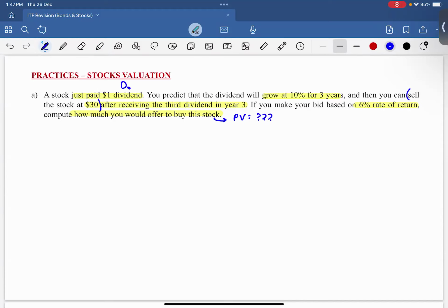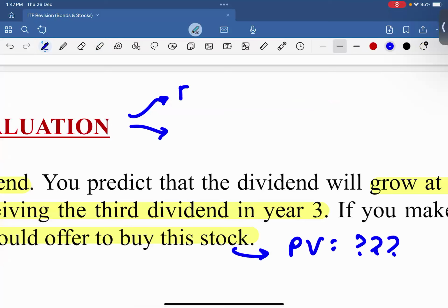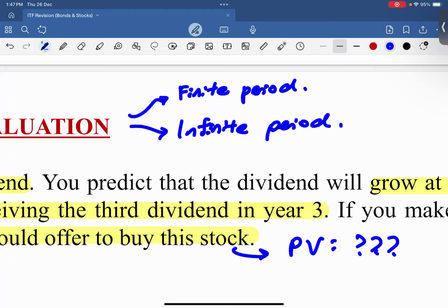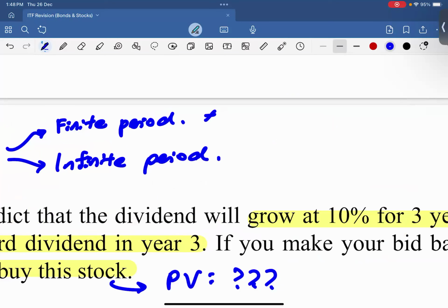Okay, now take note, stocks valuation. Remember one important tip that I already mentioned in class: for stock valuation, you need to take note whether it's for finite period or infinite periods. Meaning to say, you need to see whether you hold the stock for a specific period of time and sell it off, finite period, or you hold it forever.